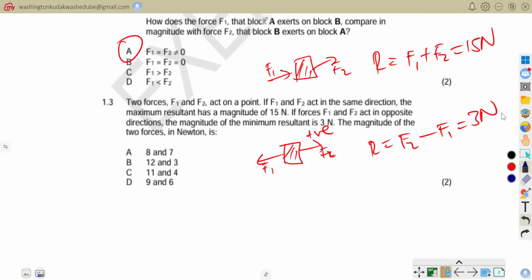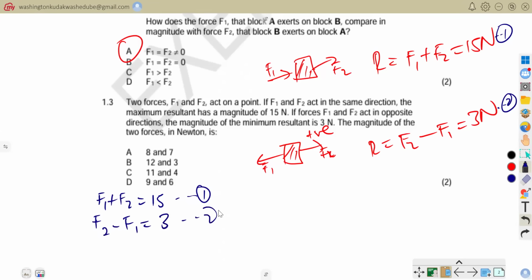So now you have formed equation 1 and equation 2. F1 plus F2 is equal to 15, which is equation 1. And then we take F2 minus F1 to be equal to 3 newtons, which is equation 2.